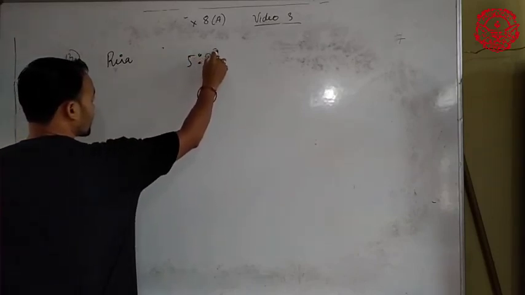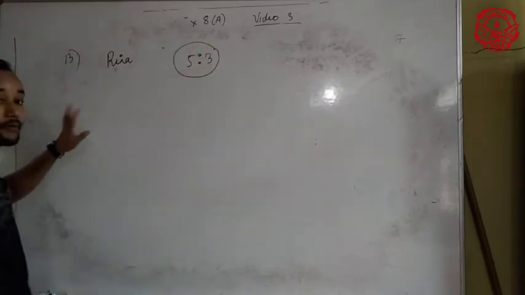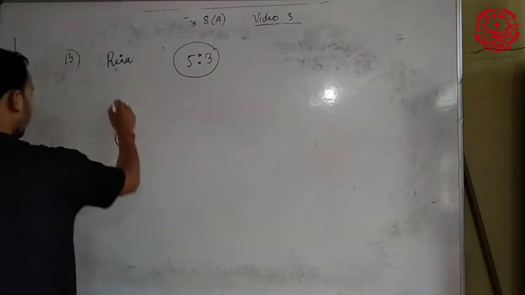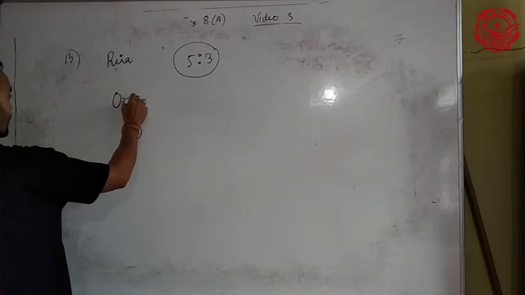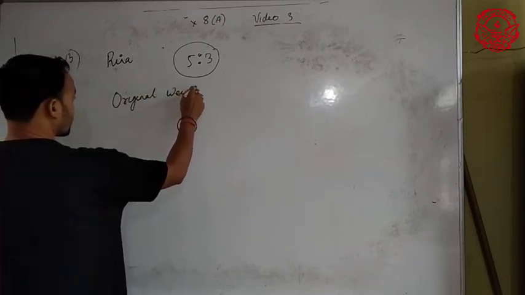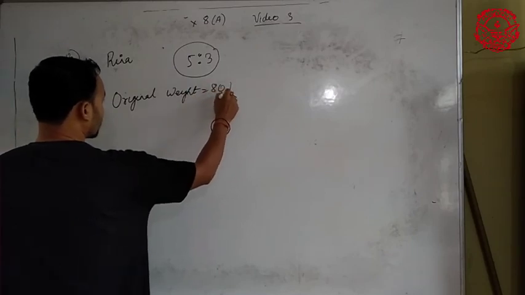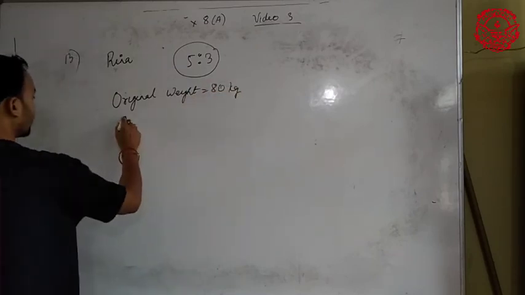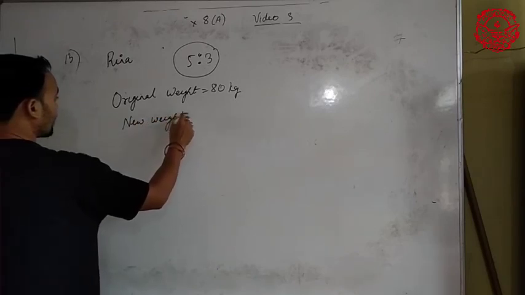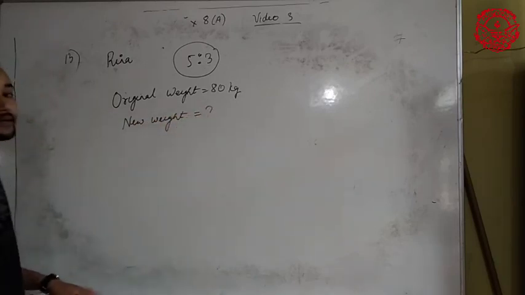See, this is the particular ratio. In this ratio, she is losing her weight. Her original weight was 80 kg. Find the new weight. We don't know the new weight, we need to calculate it.